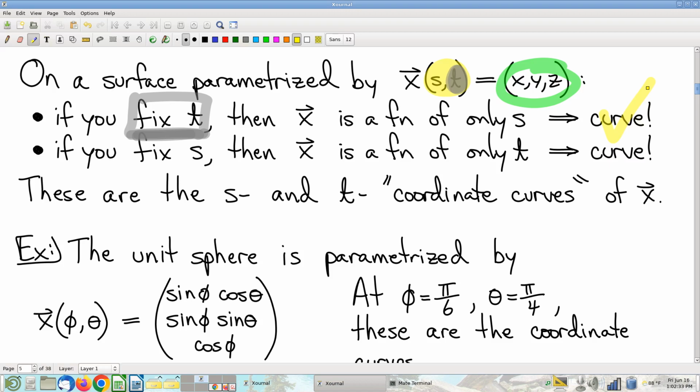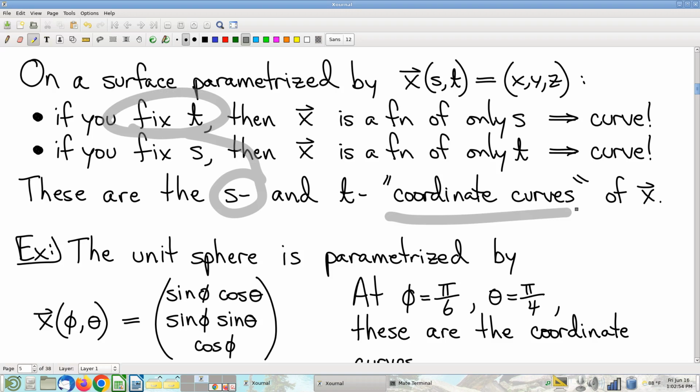If you have a function of two variables and you make one of those variables not a variable, well, now you have a function of one variable. 2 minus 1 is 1 is a point of view on that. Okay. So this is called a coordinate curve. This one, for example, where we fix t, gives you the s coordinate curve of that parametric surface, because s is the remaining variable. Okay. All right, let's see an example.